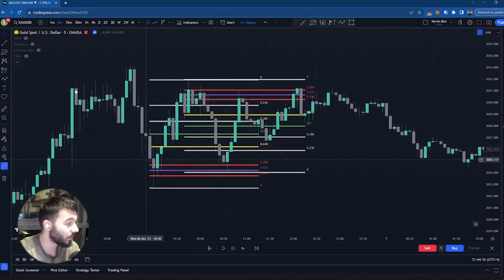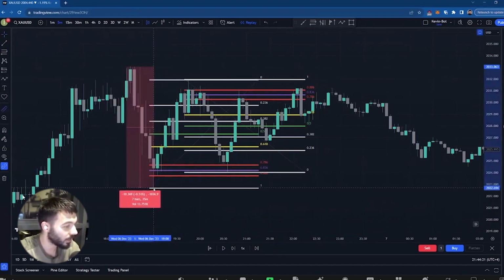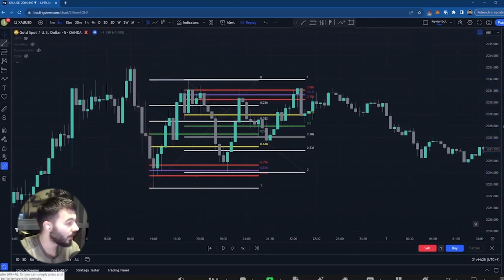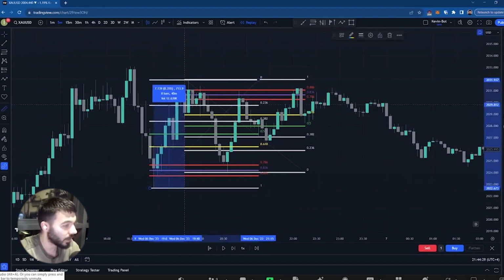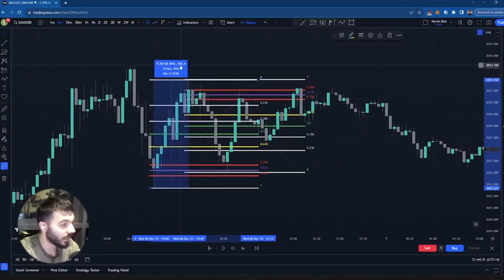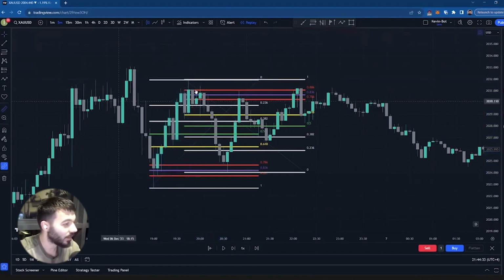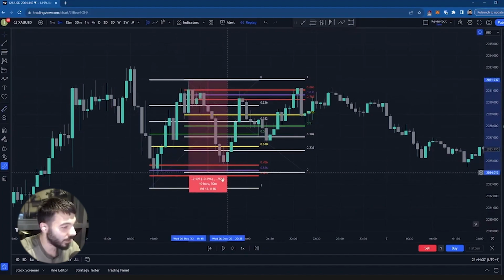And these are not small moves either, guys. So from here all the way down to where we did our first trade was 103 pips. Then we rode it from this low to this high was another 92 pips. Then from here to this low was another 79 pips.